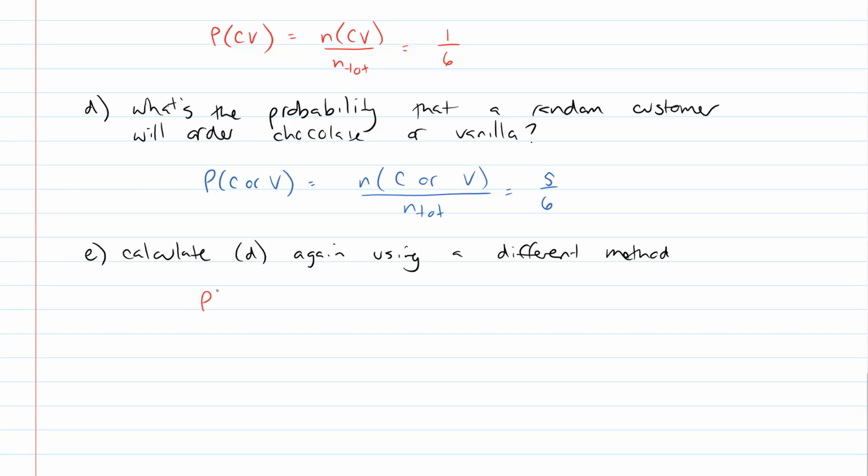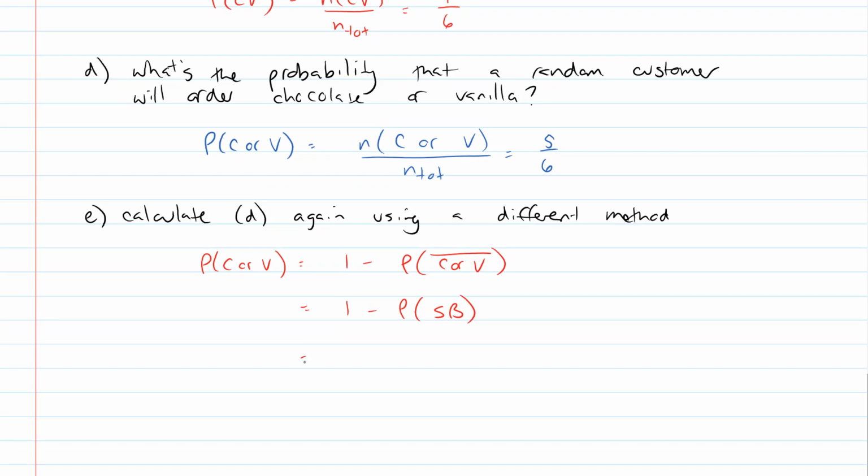You could say that the probability of C or V is 1 minus the probability of the negation of that, neither C nor V, and the only cone that doesn't have chocolate or vanilla in it is the one that has strawberry and butterscotch, which does not sound awesome. And we know the probability of any one cone is 1/6, and so we get 5/6 again.